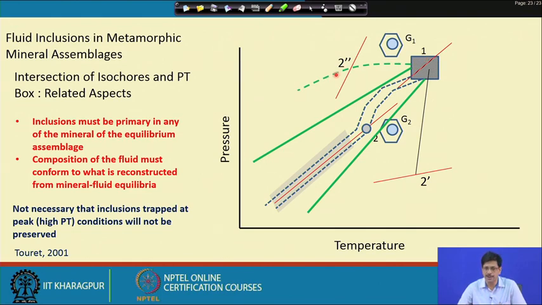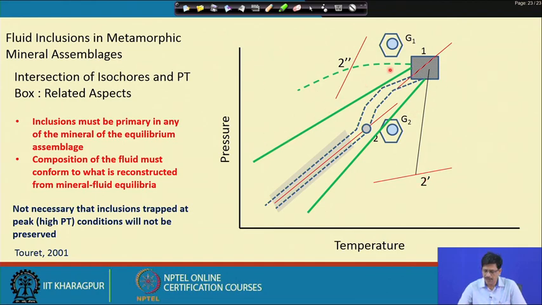If it would have undergone an isobaric cooling or an isothermal decompression, we also have a fair idea as to what kind of distribution in the temperature of homogenization we would expect if it is an isothermal decompression or an isobaric cooling.